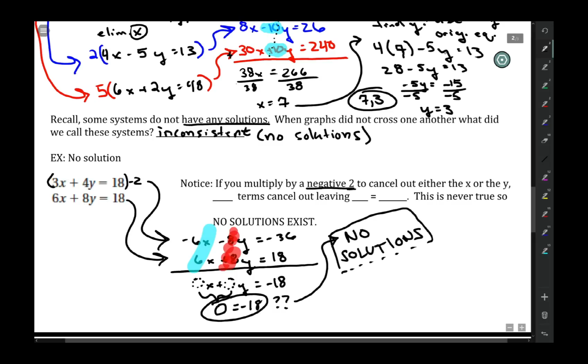If the variables cancel out, so the variables all cancel, and you're left with a number on the other side. Okay, that is no solutions.